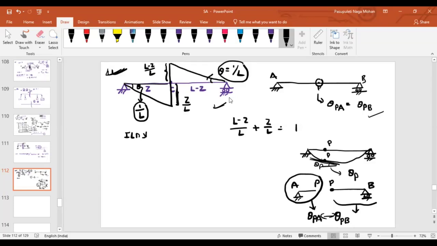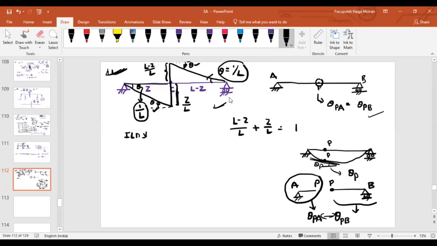Okay. In the same way, we are taking theta equal to 1 by L at both supports. Am I right, sir? Yeah, here what I mean to say is that at this point, let us say this is theta, right? According to our convention, this is theta, and this theta and this theta should both be the same, isn't it?